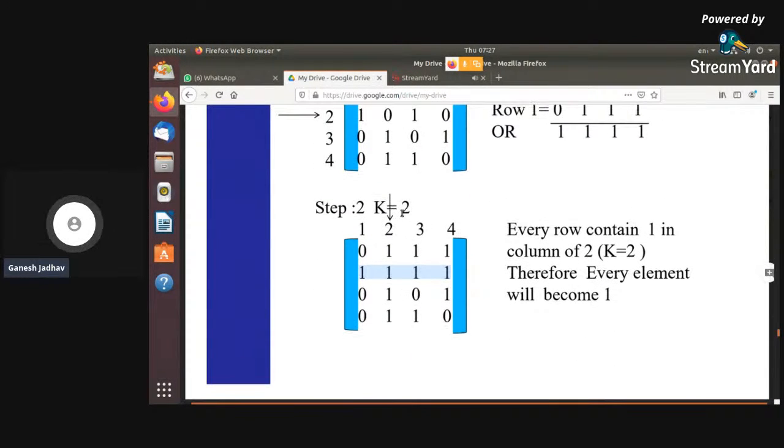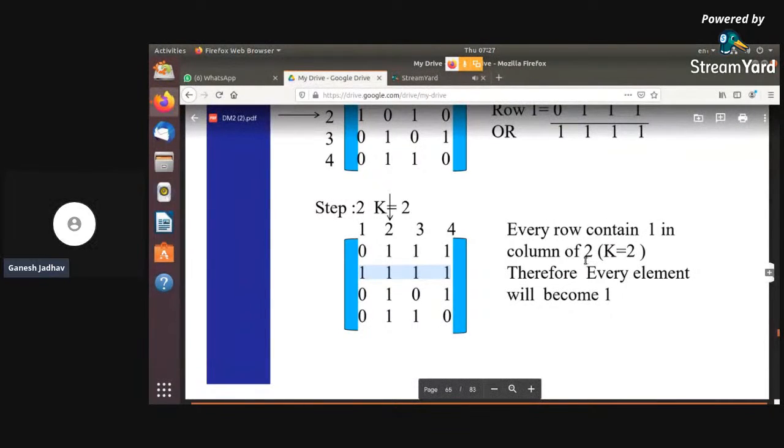Then k is equal to 2. Every row contains 1 in column 2, so therefore every element will become 1.